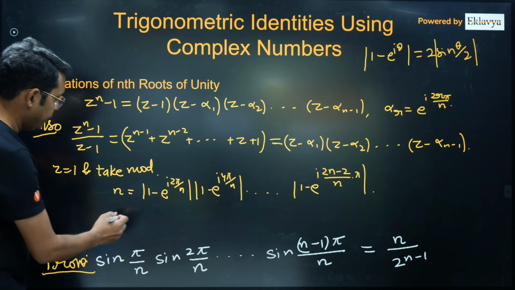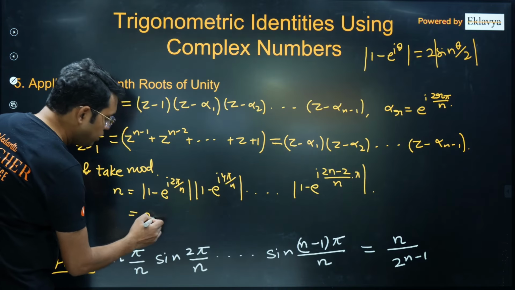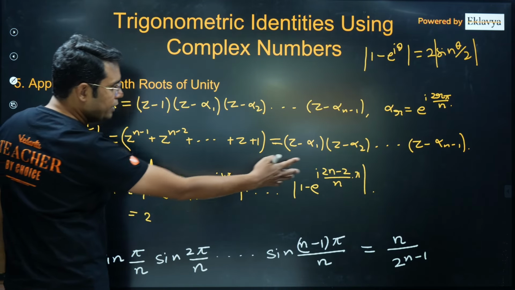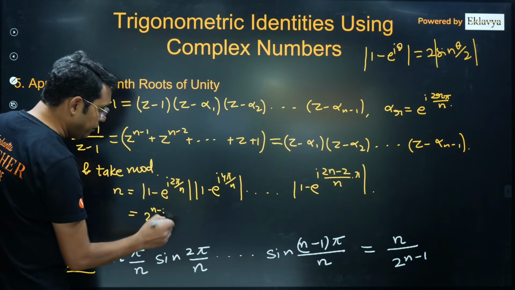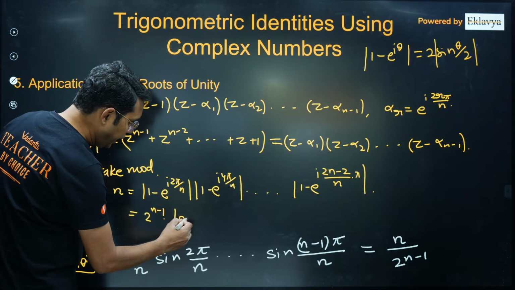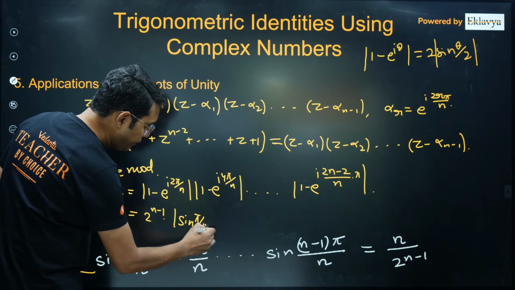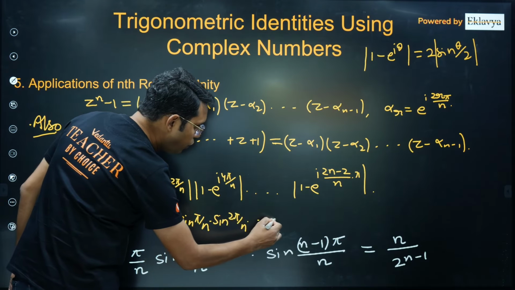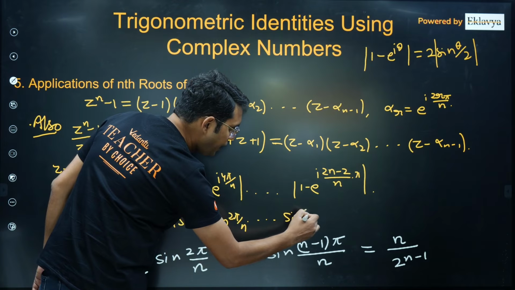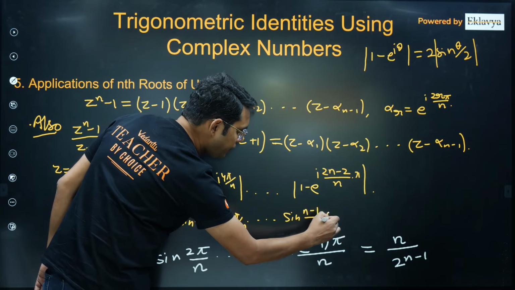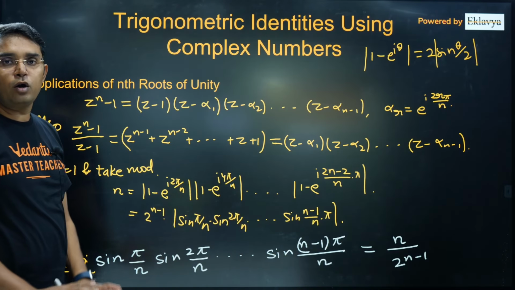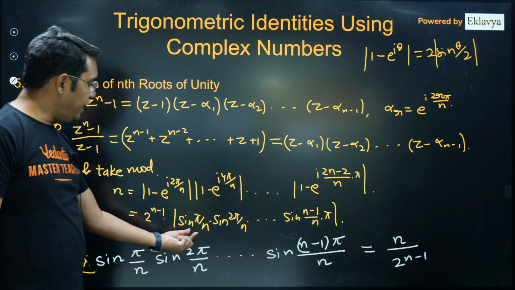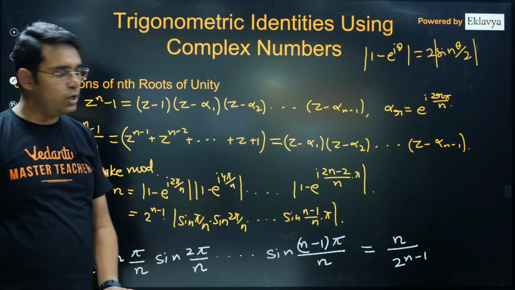Please check. I think this will be 2. Actually 2 will come from all the n minus 1 brackets, so it will be 2 power n minus 1, and then sine of pi by n, sine of 2 pi by n, and so on, sine of n minus 1 upon n into pi. You can remove mod directly because all the angles are in first or second quadrant.